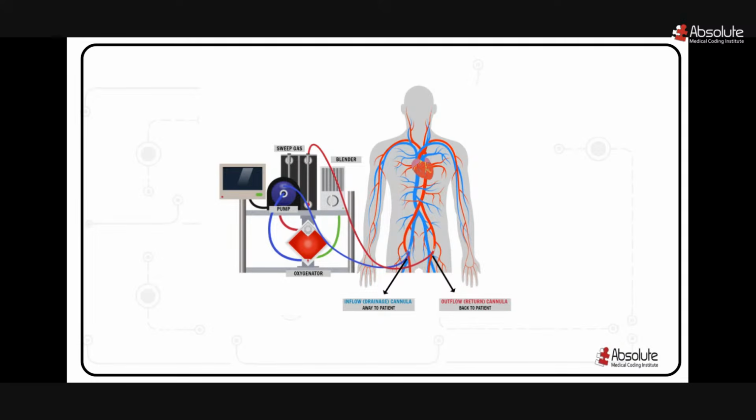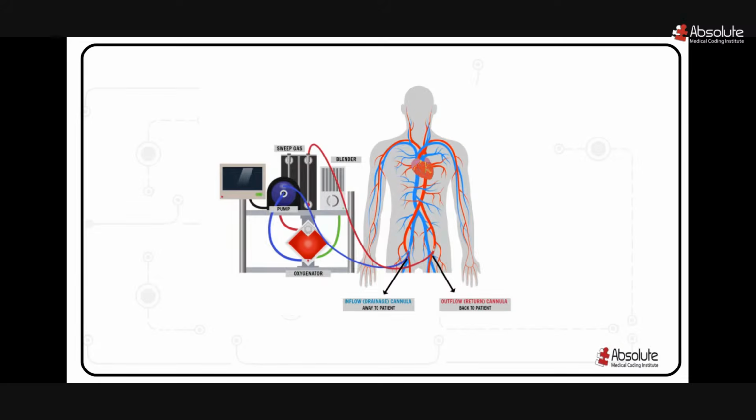If we follow the blue tubing over here, what would you think is happening? Yes, you can see it mentioned below. The blue cannula, labeled as the inflow or drainage cannula, removes the blood from the patient's body.